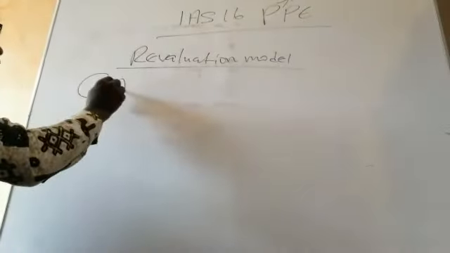Under this one also, all of them, we are looking for carrying amounts, whether revaluation model or cost model. Good. So the revaluation model states that if you want to determine the asset carrying amount, take your time, relax.